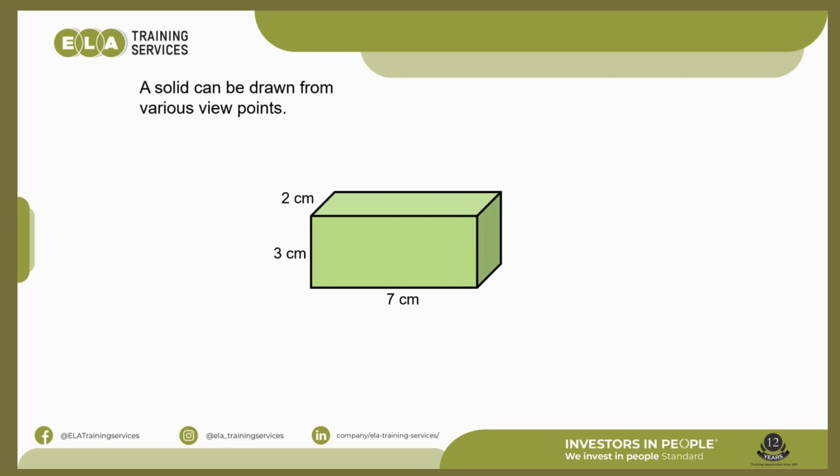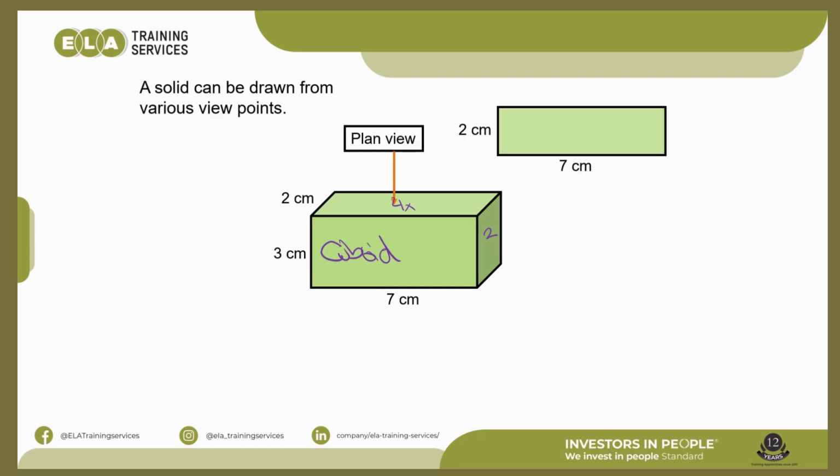This shape here is a cuboid, meaning a 3D shape with 6 faces, 2 of which are squares and 4 of which are rectangles. If we view this cuboid from the top, we see a plan view.